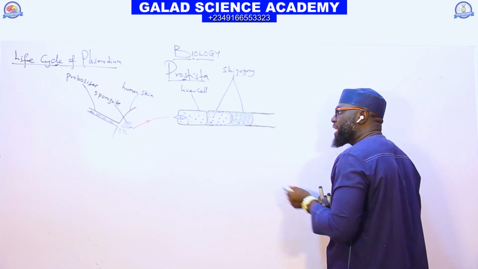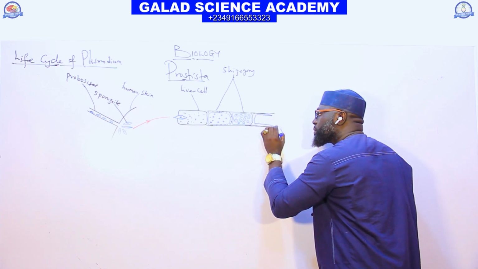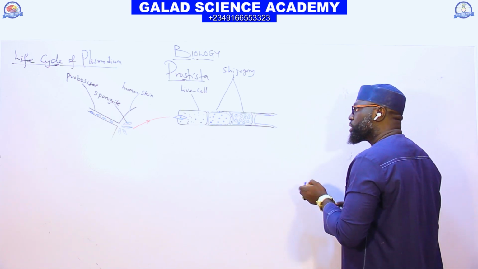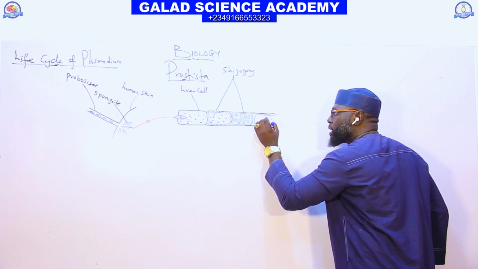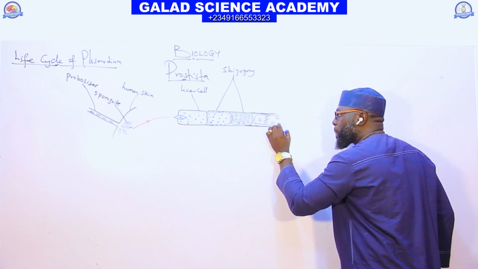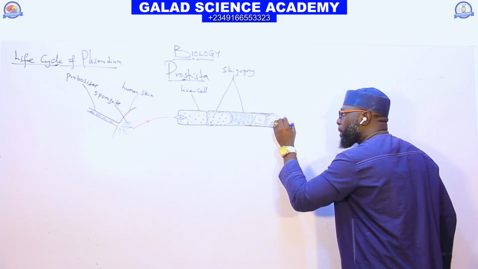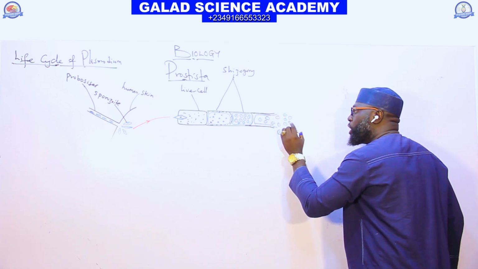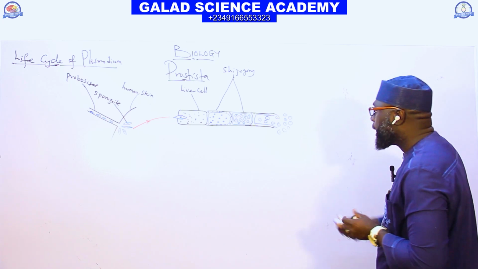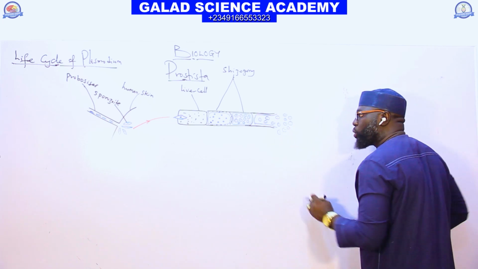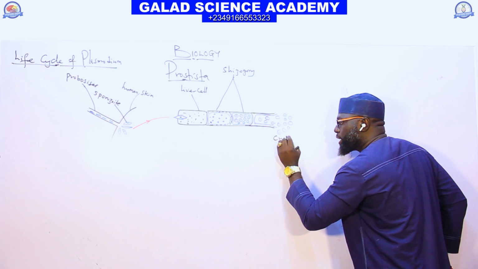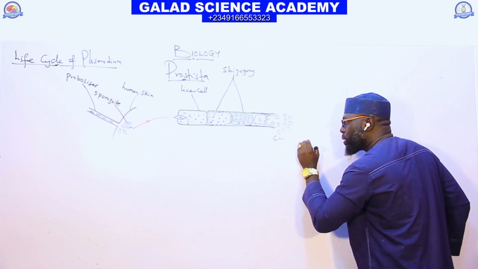The liver cell will break to produce new cells called cryptomerozoites.